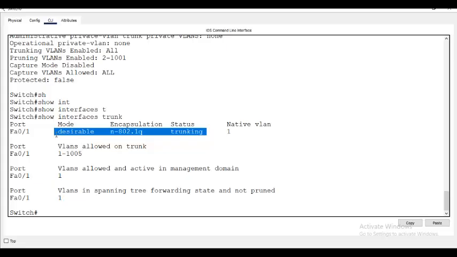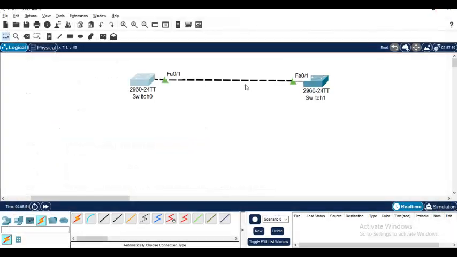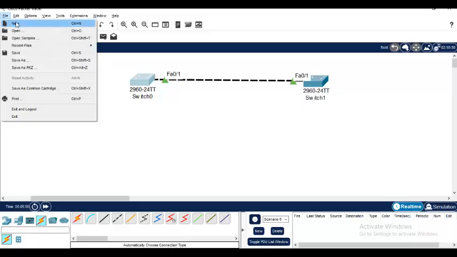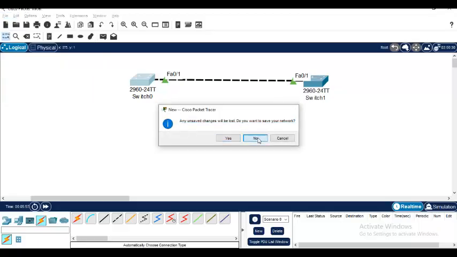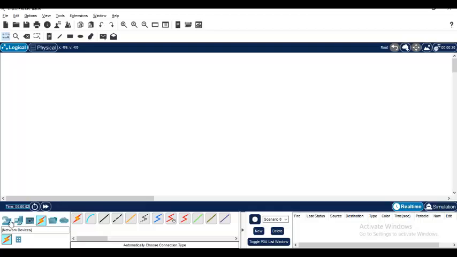First, let me do that. Switchport mode access. Administratively, I have made it access.